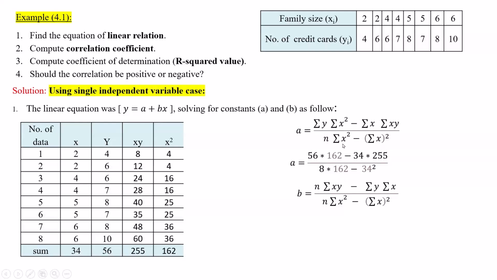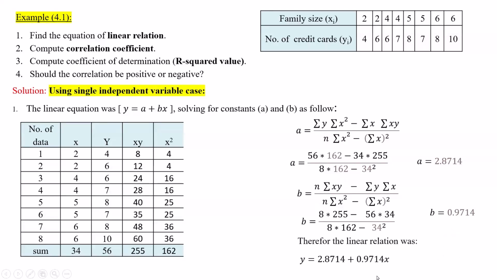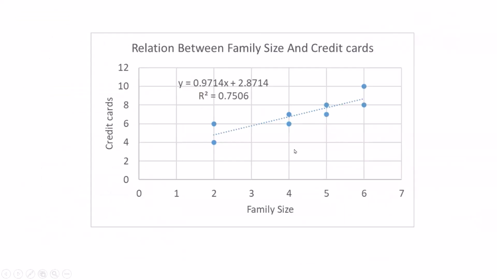And a equals 2.8714. Also, put this data into this equation to find b. It's like this, and b equals 0.9714. That's the slope. That is the linear relationship: y equals 2.8714 plus 0.9714x. If you plot it on your graph paper, it looks like this.